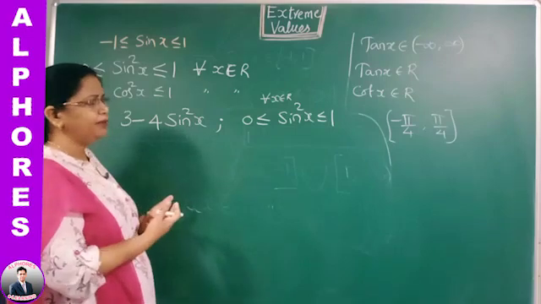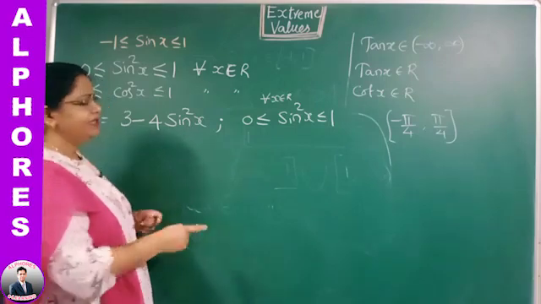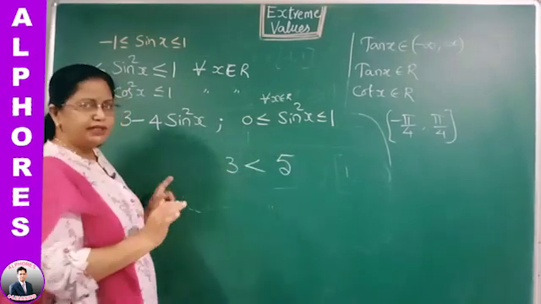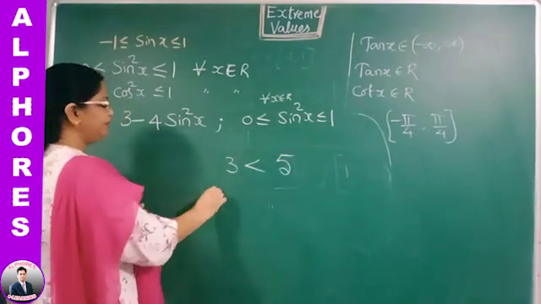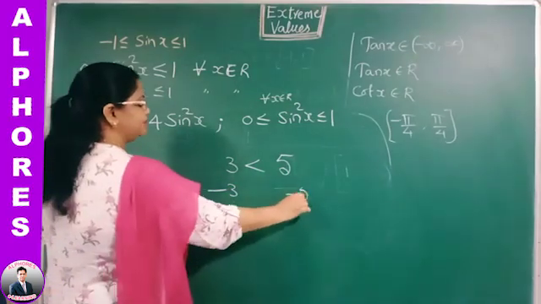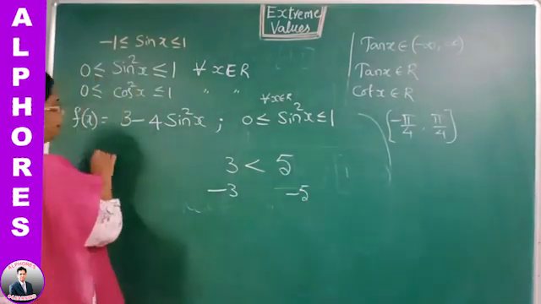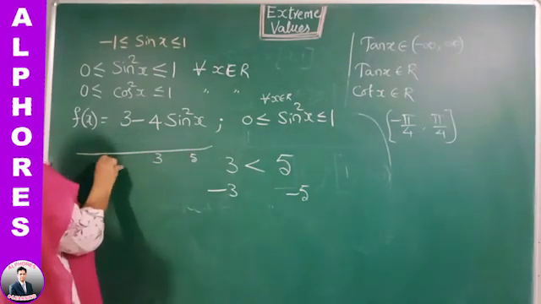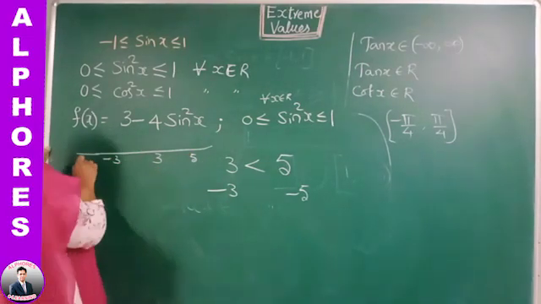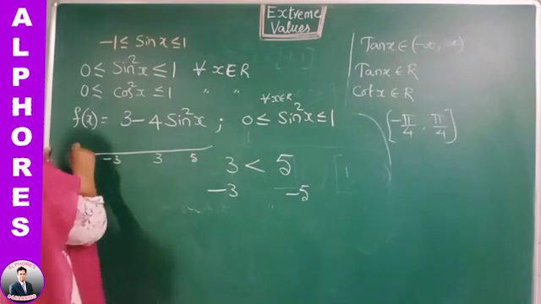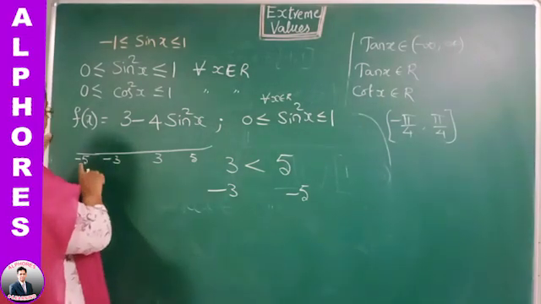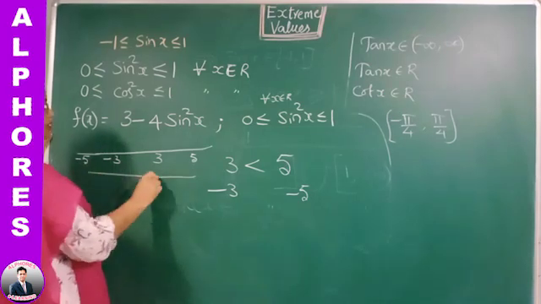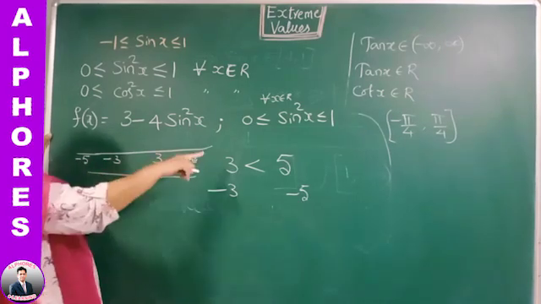If you multiply by a minus sign, the inequality changes, because you know 3 is less than 5, 100% sure, right? Suppose I multiply by minus, this is minus 3 and this is minus 5. Here minus 3 is more than minus 5, as it lies on this side of the real line, our x-axis.